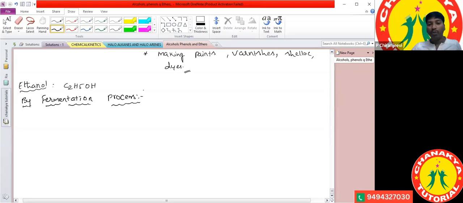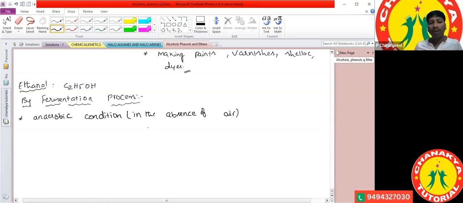Generally, the fermentation process takes place in anaerobic and aerobic conditions. What are anaerobic and aerobic conditions? Anaerobic conditions mean in the absence of air.